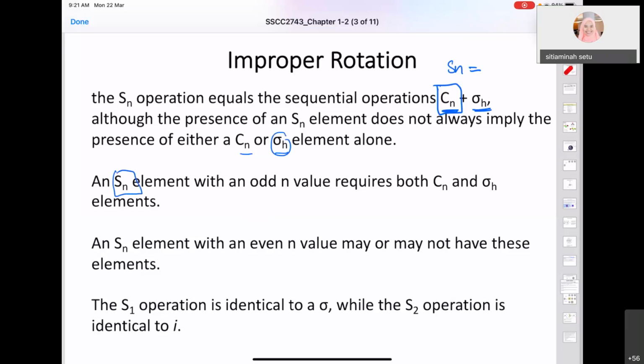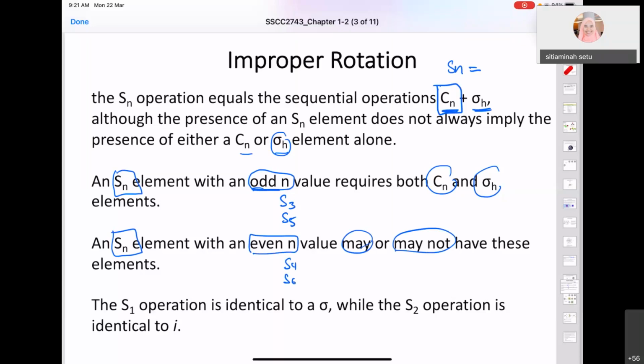Contoh kalau kita tengok this one. Sn element with an odd n value. Odd maksud dia ganjil kan. Contoh macam S3 ke, S5 ke. That means the molecule must have both the Cn and sigma h. Nanti kita akan tengok contoh. But kalau Sn the n value is even, contoh macam S4 ke S6, the molecule may or may not have this element.